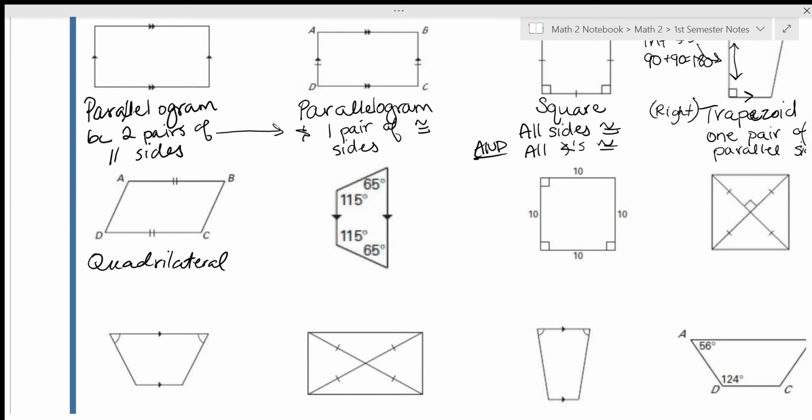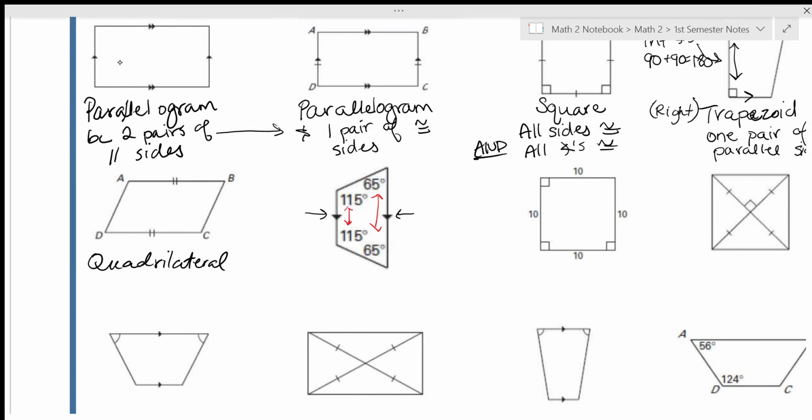On our next one, we have the 65 and the 115 and 65 and 115. We have one pair of parallel sides here. And we know that our base angles are congruent because we can see the angles sitting on our bases here, 65 and 65 and 115 and 115. Those are congruent.